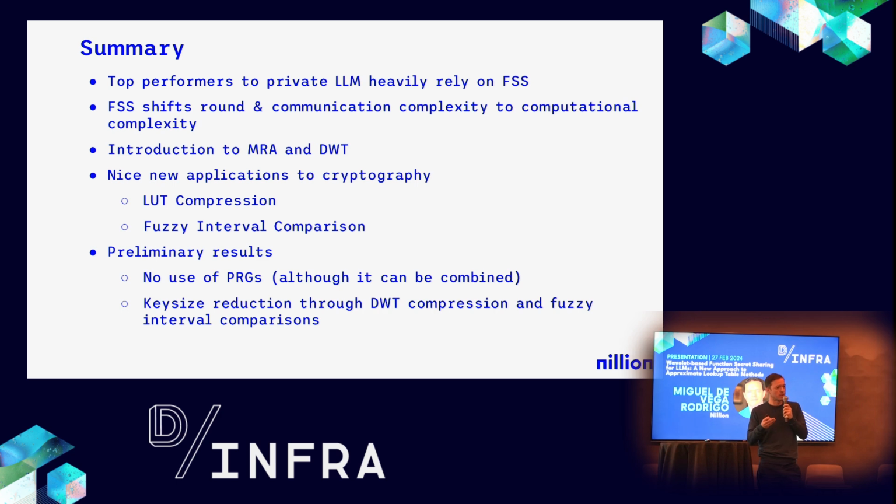And we've seen that we can also combine it with a function secret sharing scheme. So you could apply DWT compression to shrink the lookup table, and then you could apply FSS to shrink even more the one-hot vector representation that you get from the compressed lookup table.